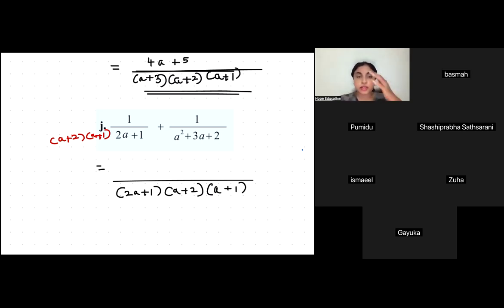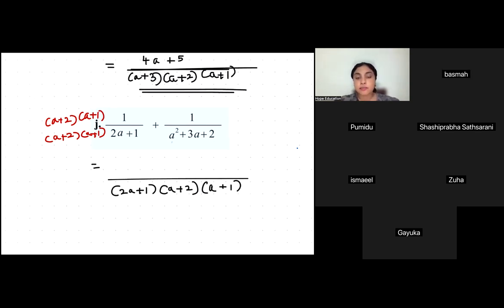But anyway, let's discuss this question quickly and I will check what has happened. The time limit is really bothering me when the clock is ticking there. But anyway, a squared plus 3a plus 2 has these two, but this one doesn't, so we have to multiply by that. 2a plus 1, sorry.